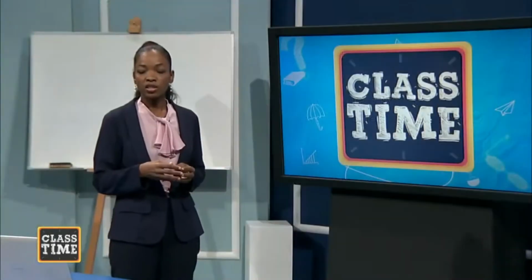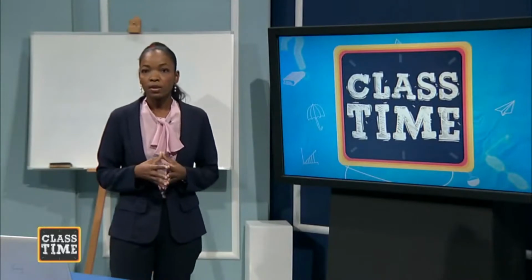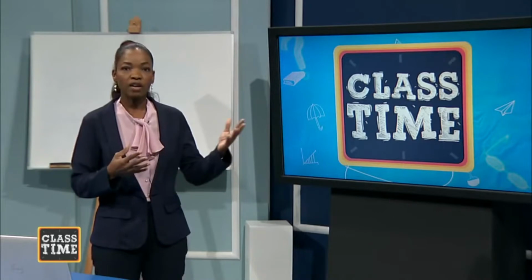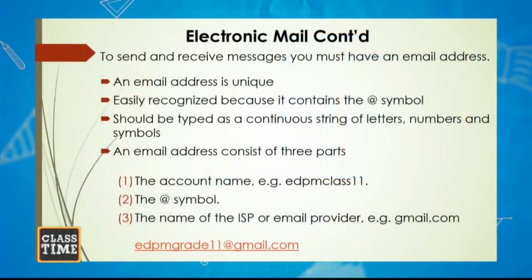Now your email address is made up of 3 parts. You have the account name, for example, what we have on screen here, the account name EDPM class 11, then the @ symbol follows, and then we have the email provider, which in this case is gmail.com.